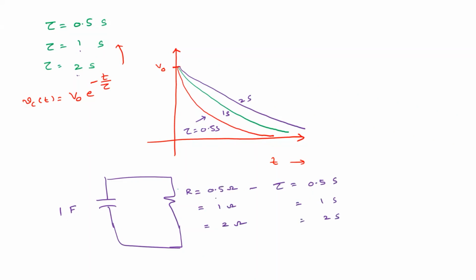So here the capacitor value is fixed, and for the resistance values I had three possibilities, either 0.5 second, 1 second, or 2 second. The largest resistance has the largest time constant, because the resistance value is more, so the current will be less, and that's why it is taking more time.